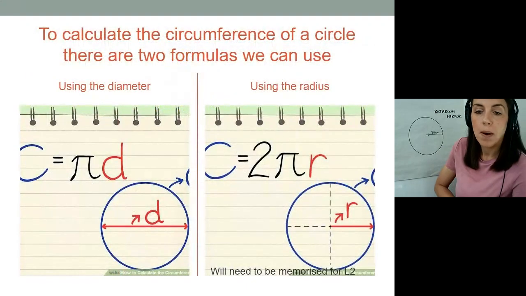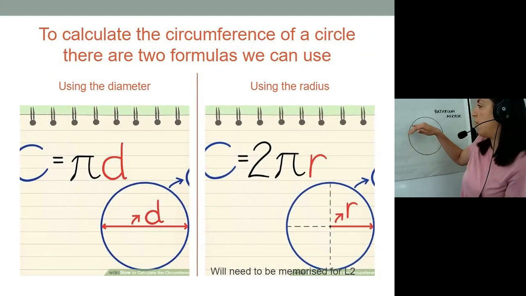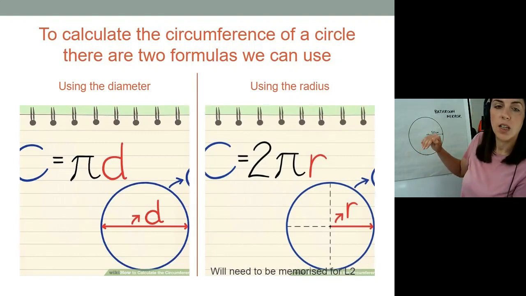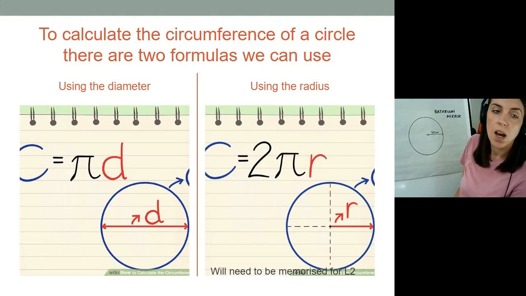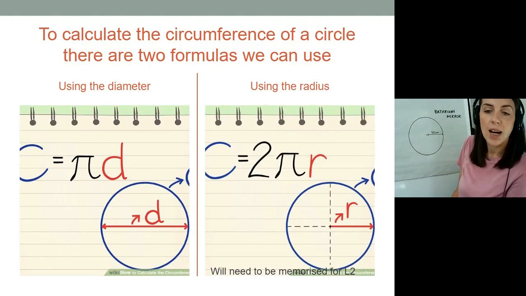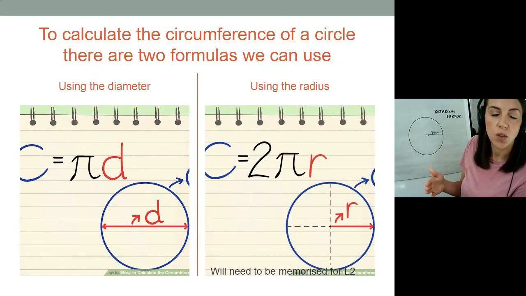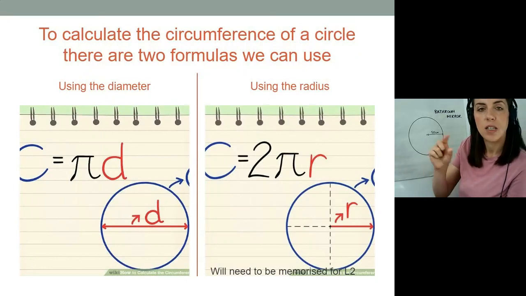So we're going to be using pi now. We use pi when we're referring to circles. To calculate the circumference of a circle, there are 2 formulas we can use. Circumference equals pi d, so again 3.14 times the diameter. And if you remember, if you attended the formulas tutorial, if you have a formula that doesn't have an equals sign in there, it's always a multiplication.